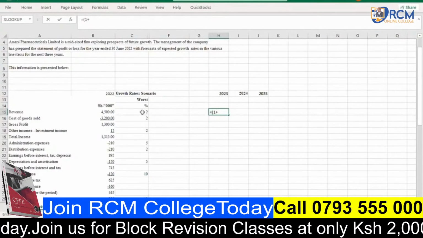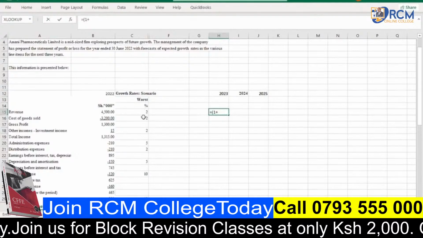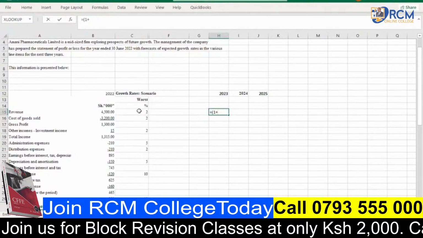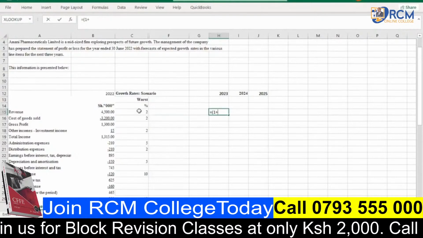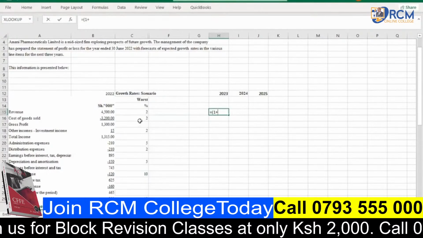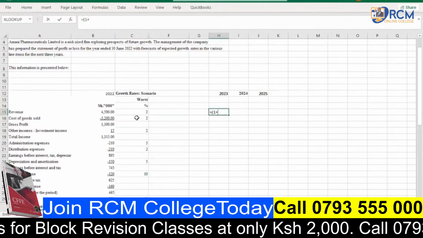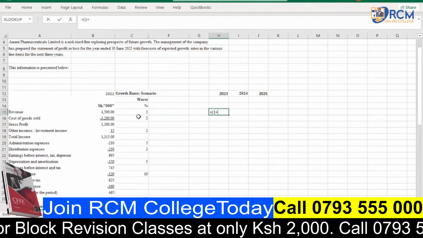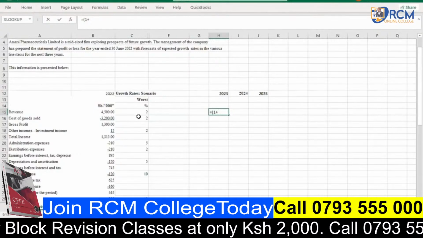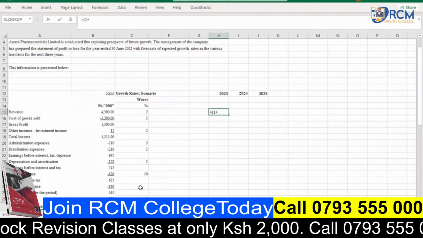Remember, 2%. Yes, they have indicated the percentage up here, but this one is not 2%. This one here will give you 200%. 2% should be 0.02. This one given to us here will be giving you 200%. So what do you do? You either type 2% directly or convert these ones here to 0.02.